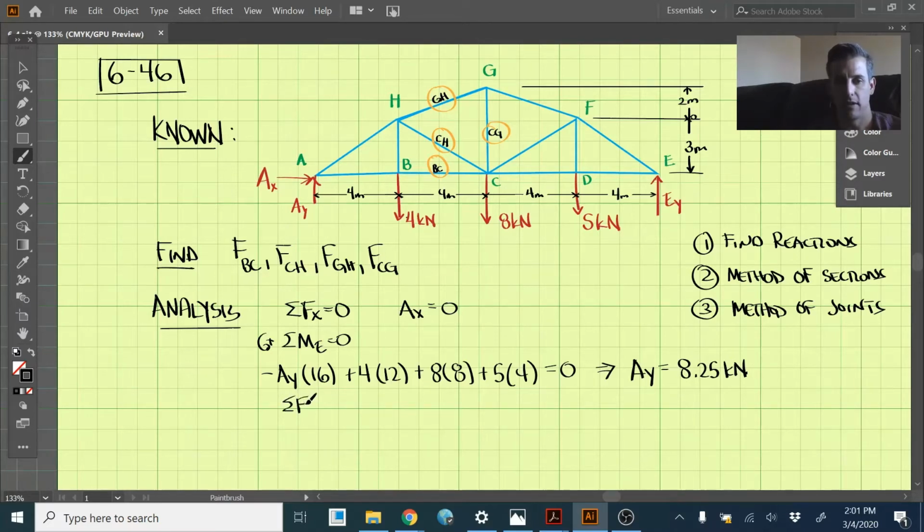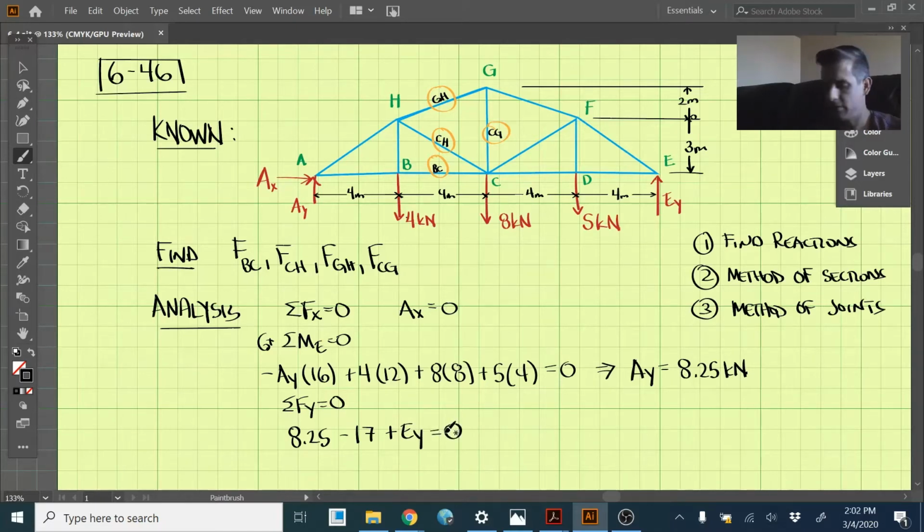Okay. Now if we want to go and find EY, I think the easiest is taking the sum of the forces in the Y direction and setting those equal to 0. Okay, so we have AY pointed up, which we found is 8.25. Then we have 4 downward, 8 downward, and 5 downward. And adding all those together, that's 12 plus 5, that looks like it's 17 total downward, plus EY equals 0.